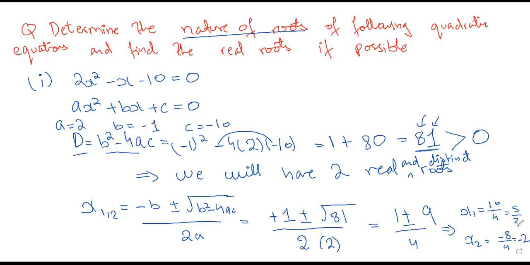Very good, Gayatri. Very good, Haris. Is this thing clear? Miss, please repeat this x2. Okay. Acha. For x1 we have to add, x1 is 1 plus 9 by 4, and for x2 we have 1 minus 9 by 4. 1 minus 9 is minus 8 by 4, right?